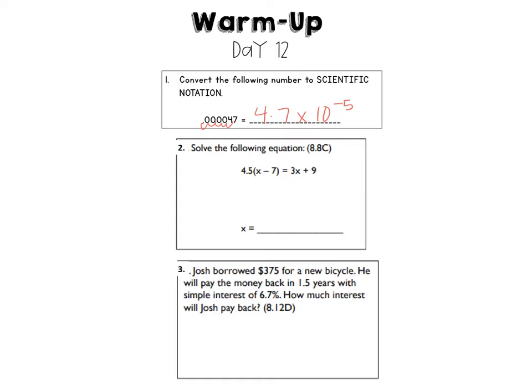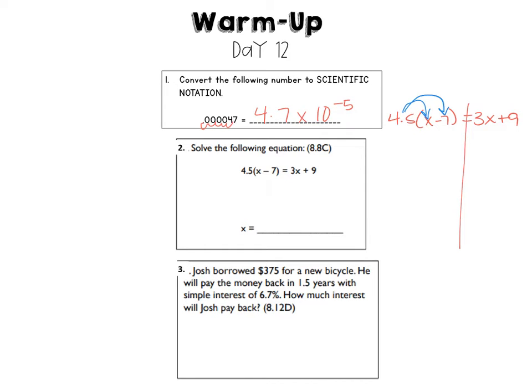Okay, now moving on to problem number 2. I'm going to rewrite my equation so that I can show my work. Now, what I'm going to do here, since that 4.5 is outside of the parentheses, I'm going to use that number and distribute it to both numbers inside of the parentheses.